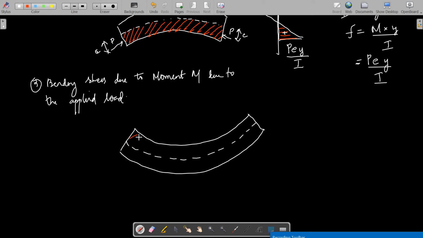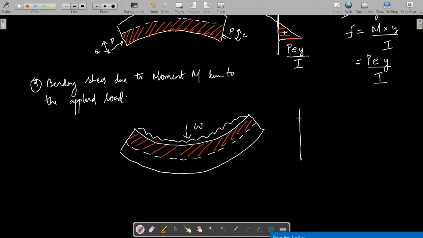So the compression will be here. The compression is over here. This is due to the load which is being applied, W kilonewton per meter. So if I am drawing the bending stress diagram, I will be getting the axis over here.